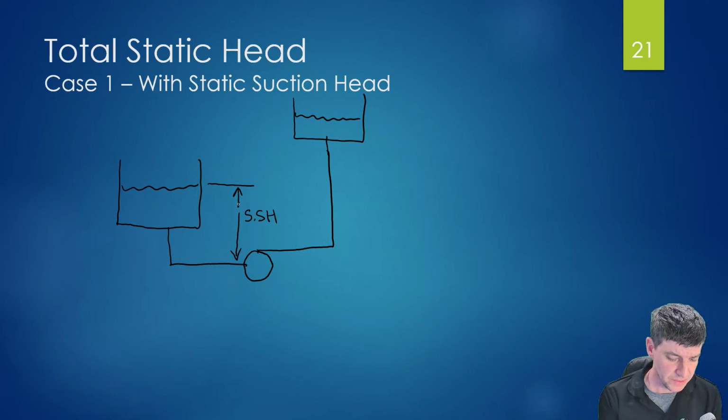So the distance from the water line on the supply side of that pump down to the center line of the pump. Okay. We also had a measurement from the center line of the pump up to the water level here. Okay, and that was our static discharge head.